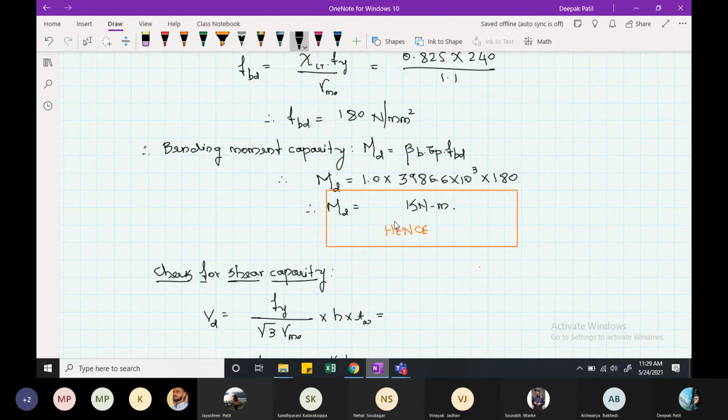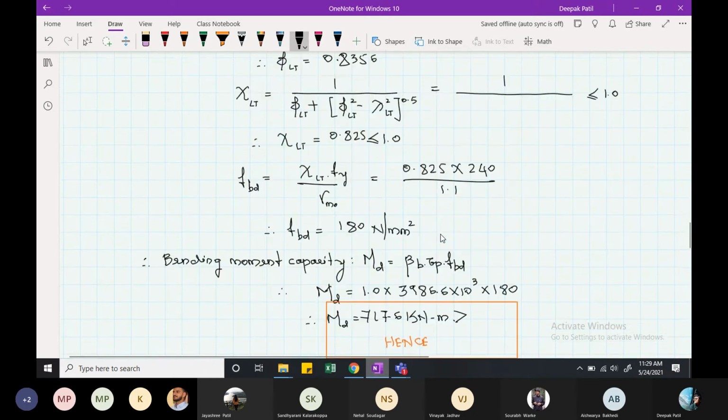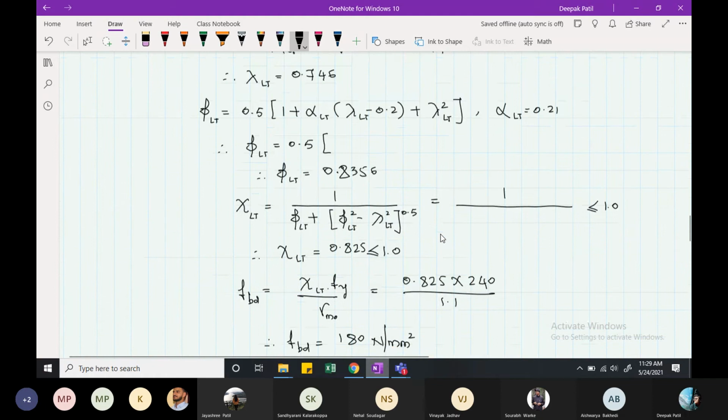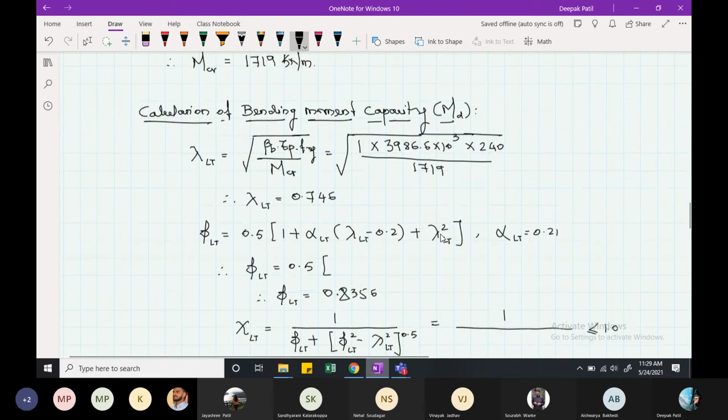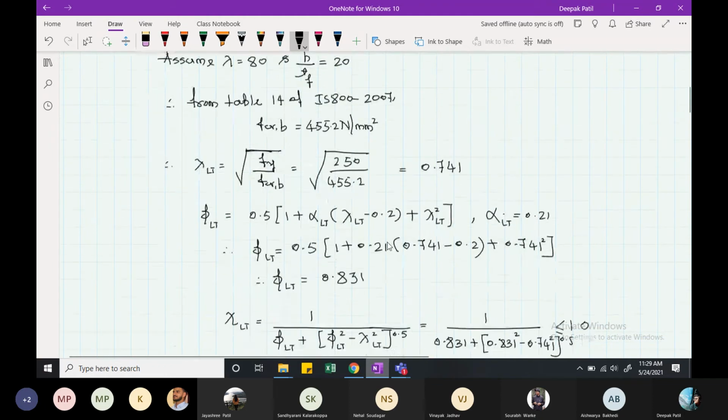And you'll get the design moment capacity as 717.6 kilonewton meter. And since it is more than the maximum bending moment, what was our maximum bending moment? It was 562.5 kilonewton meter.